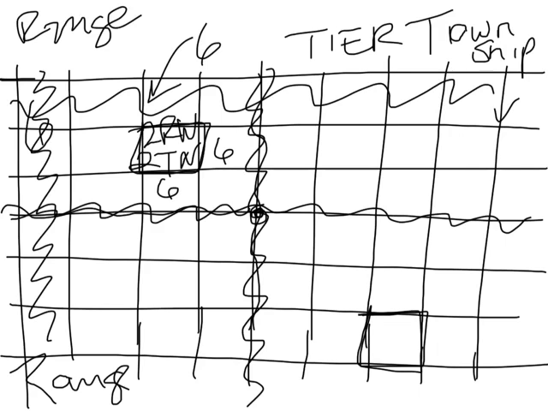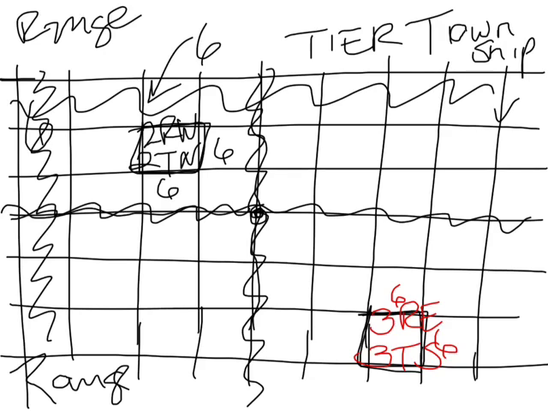Alright, so this one down here, let's draw another one, right here. That would be 1, 2, 3 ranges east, and 1, 2, 3 tiers south. Alright, 3 ranges east, 2 tiers south. It is 6 by 6.